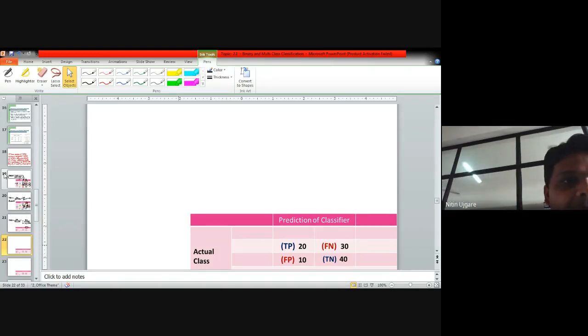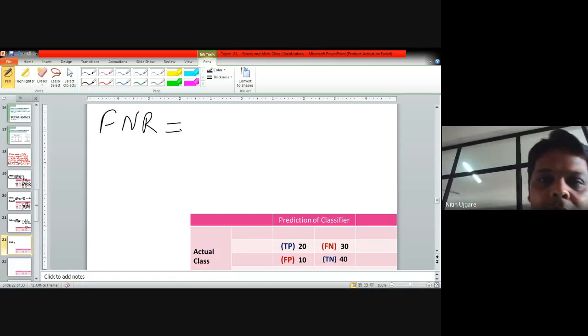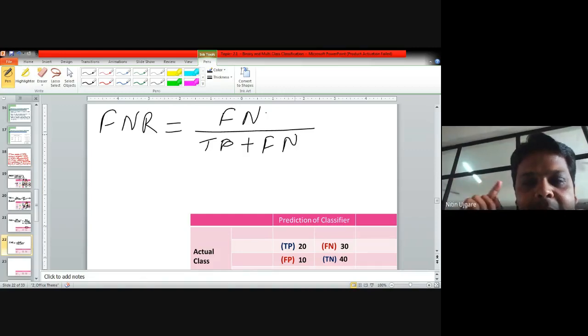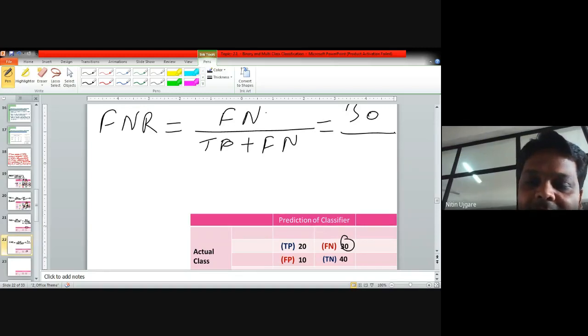It is the total number of misclassified positive instances divided by the total number of correctly classified positive instances plus the incorrectly classified positive instances. In this case, FN is 30 divided by the correctly classified 20 plus the incorrectly classified 30. So this gives me the FNR as 0.6 or 60%.